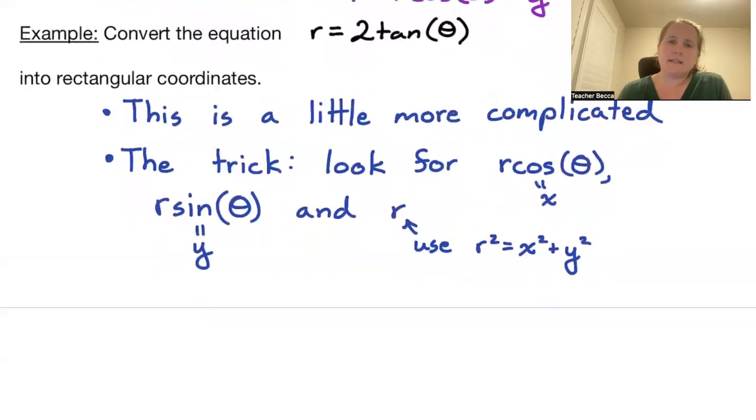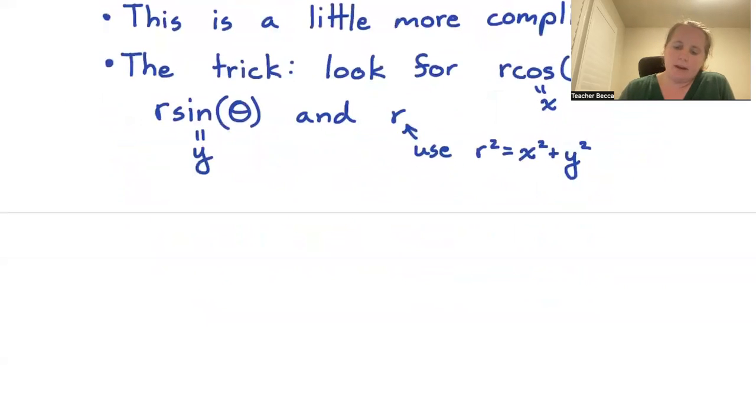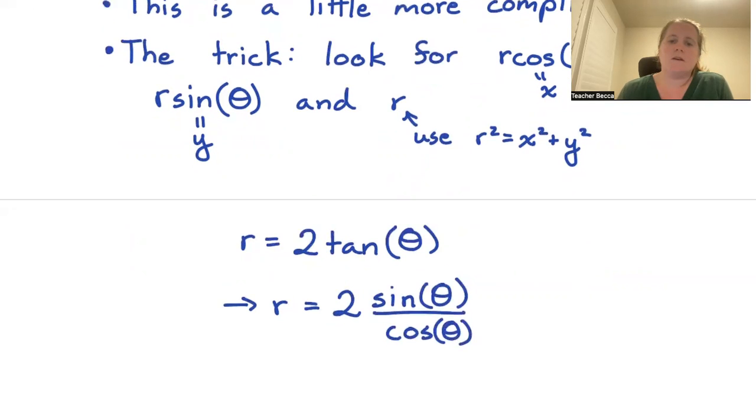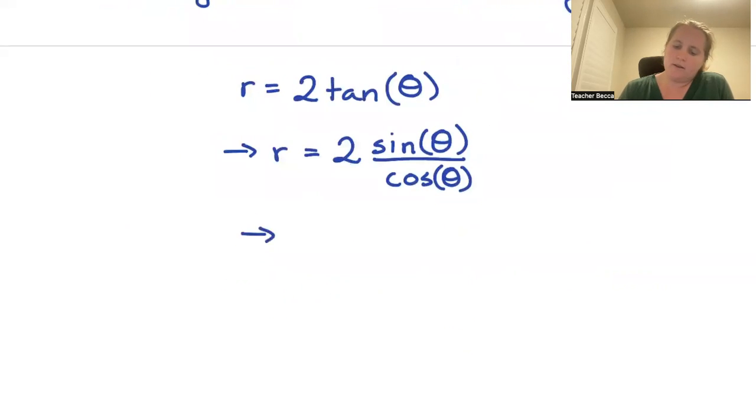So in this case, we have r is equal to 2 tangent of theta. This is the same thing as saying that r is equal to 2 times sine of theta over cosine of theta. We can rewrite this as r times cosine of theta is equal to 2 times sine of theta.